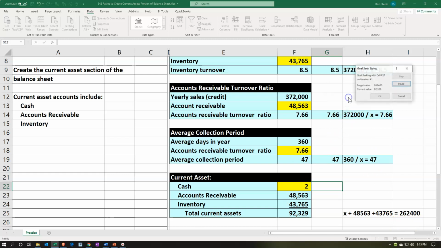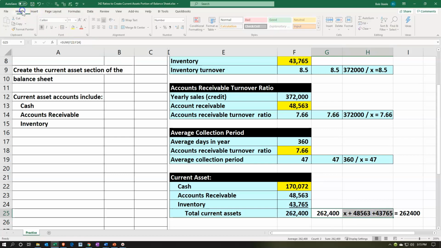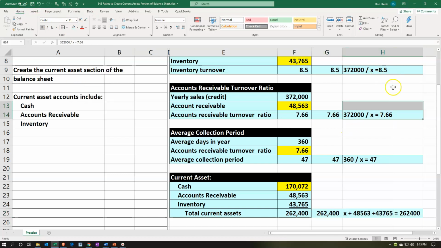And then we'll say okay, and it'll do it by the process of elimination. So that looks good. So I'm going to say okay, and then we'll recalculate this by saying the sum of these items is going to be that 262400, and so there we have that. I'll make this blue so we have it here as a population cell. Let's put some borders under that as well. All right.